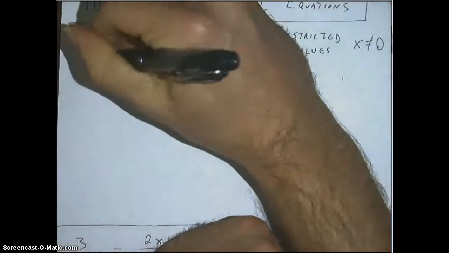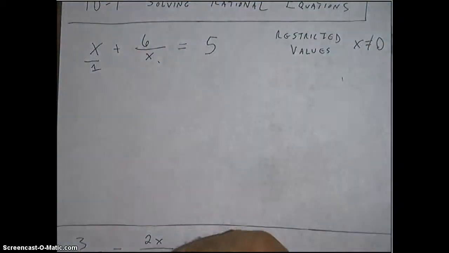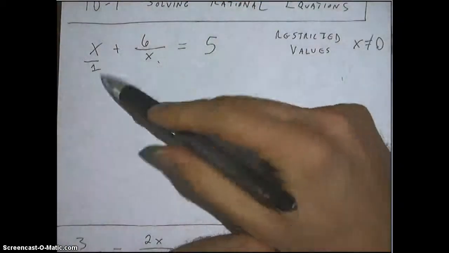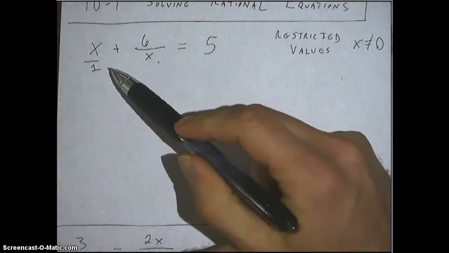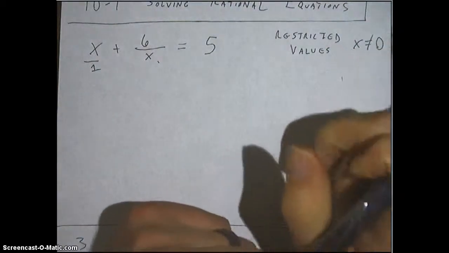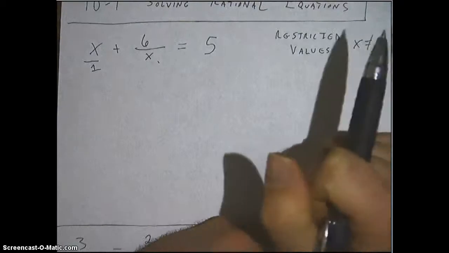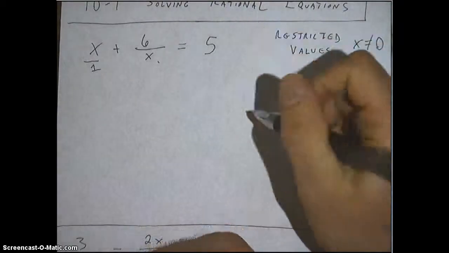I'm going to realize that this is x over 1. And I'm going to make this a common denominator by multiplying the first term by x over x. Remember, you can multiply any fraction by 1 without changing the fraction. In this case, our fraction is just x.